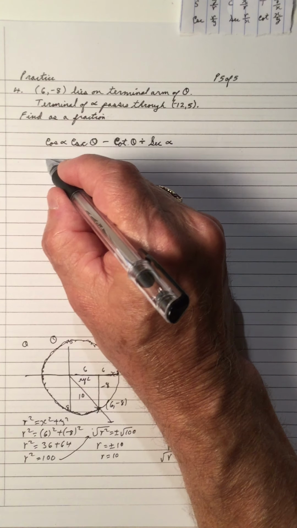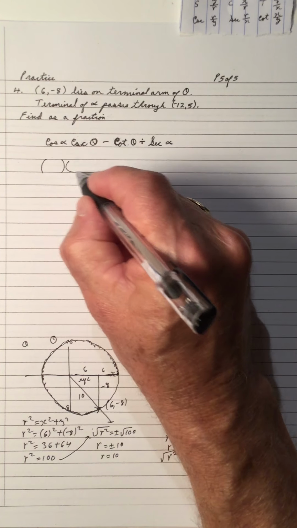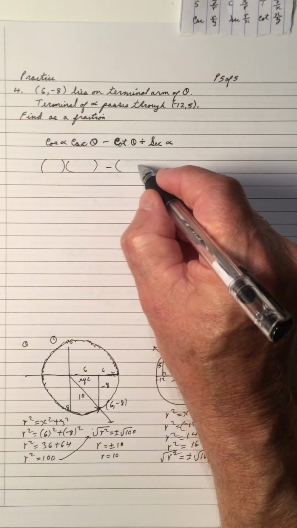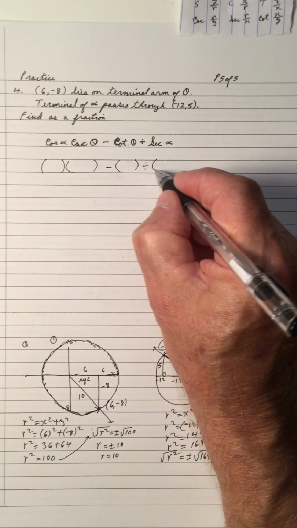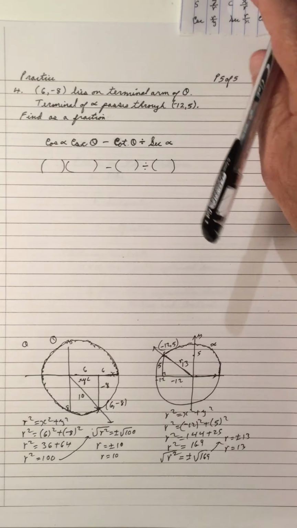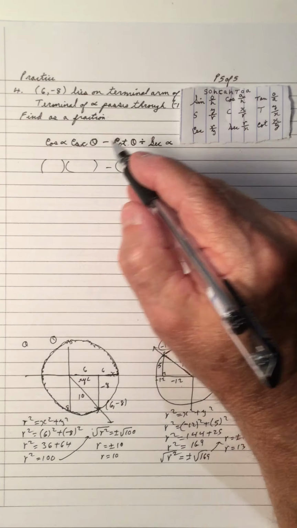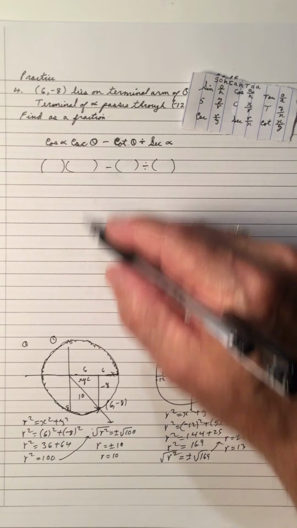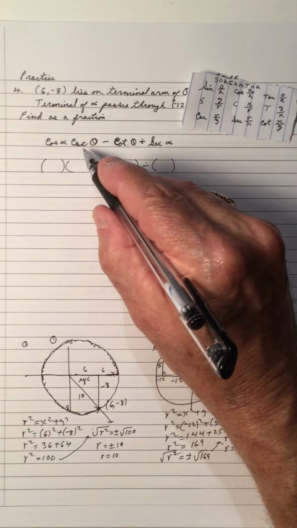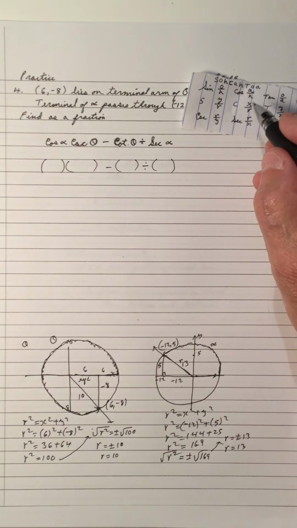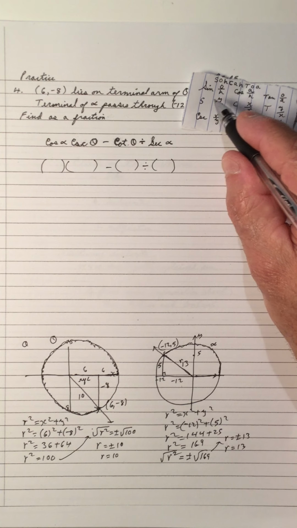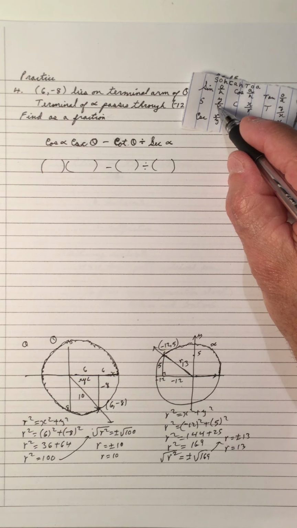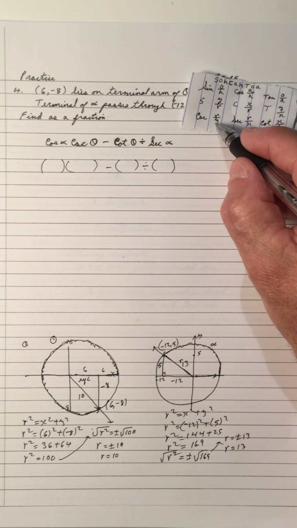So we have to fill in this one. So what I do is I fill them in first. And there's my sheet I keep track of. So I'm going to do theta first, because this is the first diagram. The cosecant of theta. Cosecant is the reciprocal of sine. So sine is the y over the r. So cosecant is the r over the y.